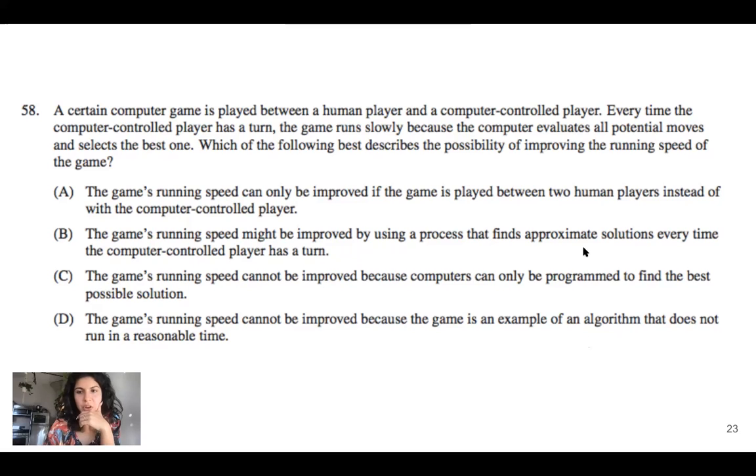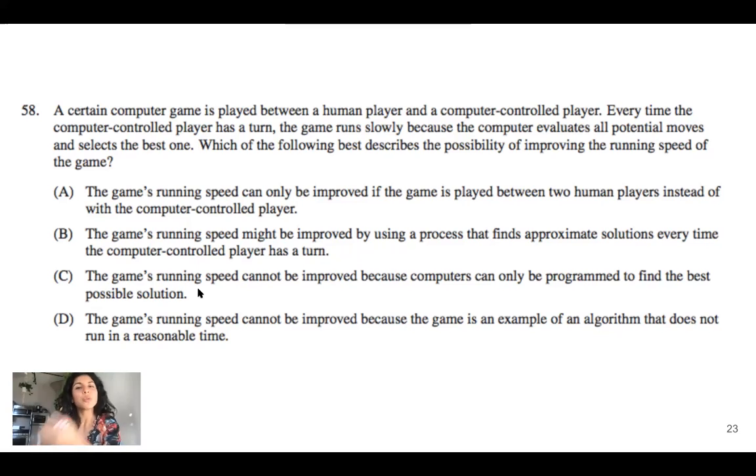Okay, so let us look. The answer in this case was B. So the reason why C is incorrect, it says the running speed cannot be improved because computers can only be programmed to find the best possible solution.